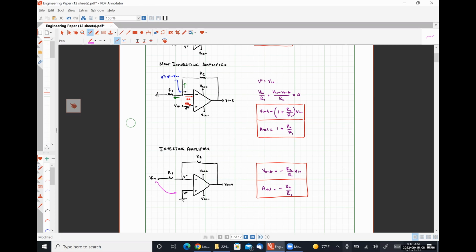However, the trade-off is that we also get inversion, meaning that positive input signals generate negative output voltages, and negative input signals generate positive output voltages. So we have to be very careful about which of these two types of amplifiers we're going to use, depending on our criterion that we are trying to satisfy.